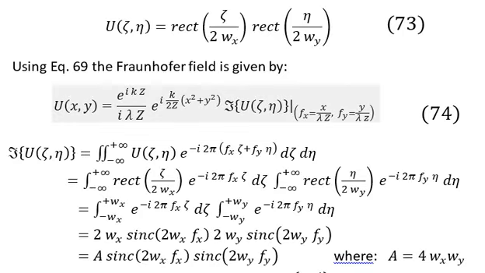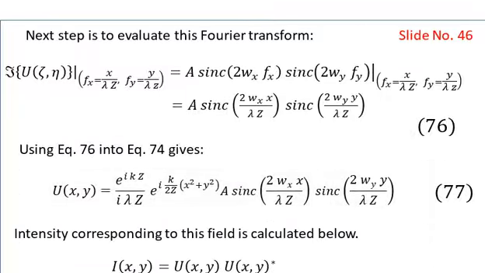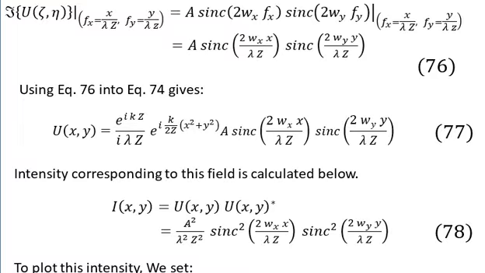So equation number 74. We shall plug the evaluated Fourier transform in equation number 74 on the right hand side. After plugging that in, we obtain equation number 77, which is u of x comma y, the field at the output coordinates x comma y, equal to e to the power iota k z over iota lambda z multiplied by the quadratic phase factor associated with the output plane, e to the power iota k over 2z into x square plus y square, and the two sinc functions multiplied also with the area of the rectangle we are using.